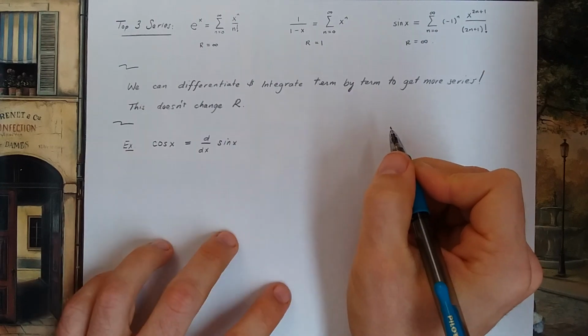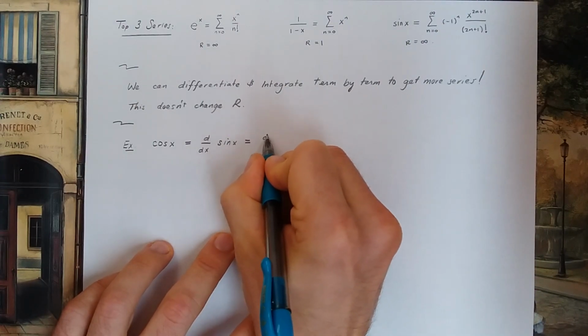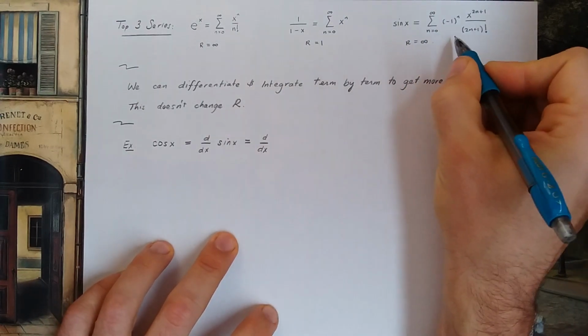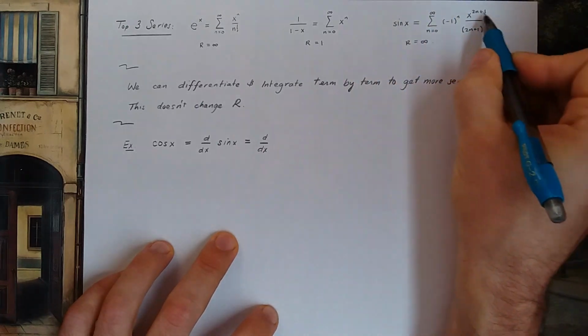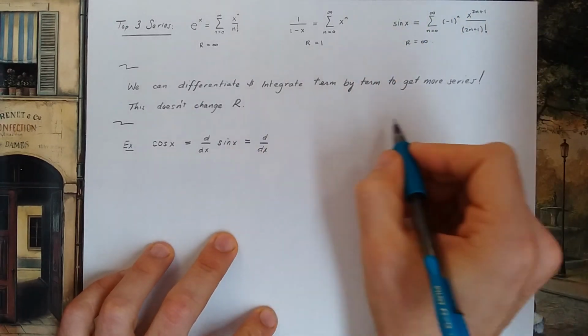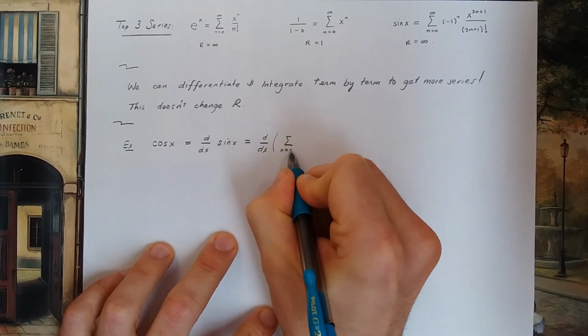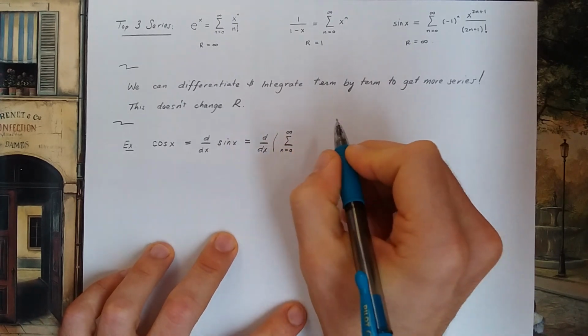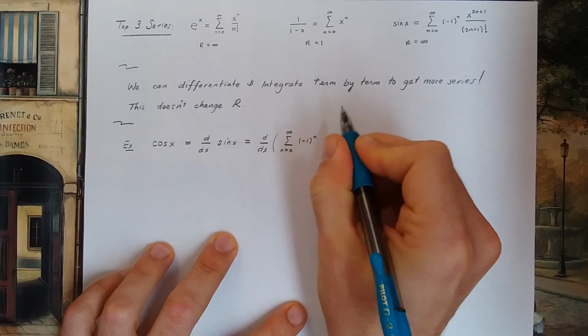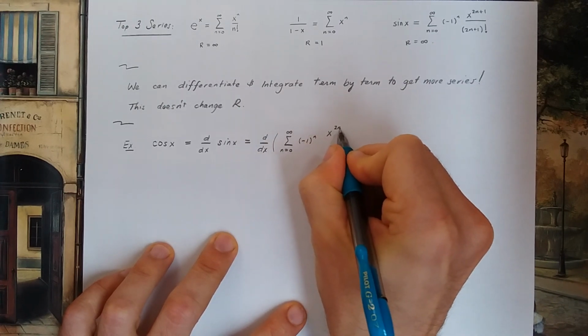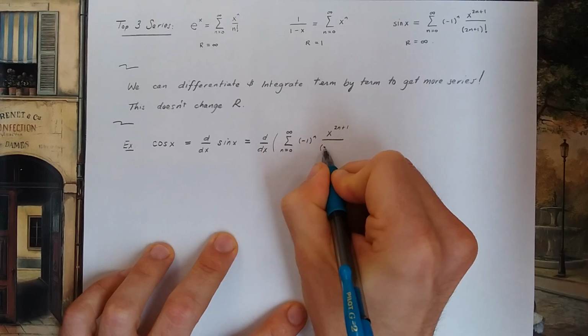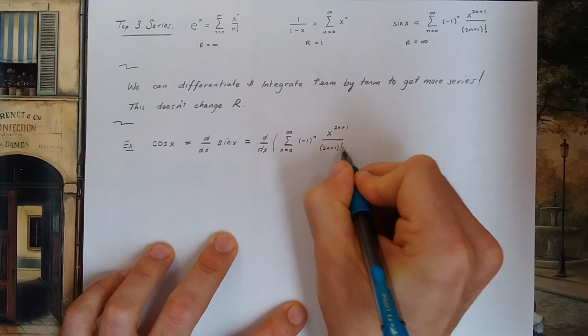And we know sine x is this Taylor series. So that means I could differentiate the sum, n going from 0 to infinity, of minus 1 to the n, x to the 2n plus 1 over 2n plus 1 factorial.